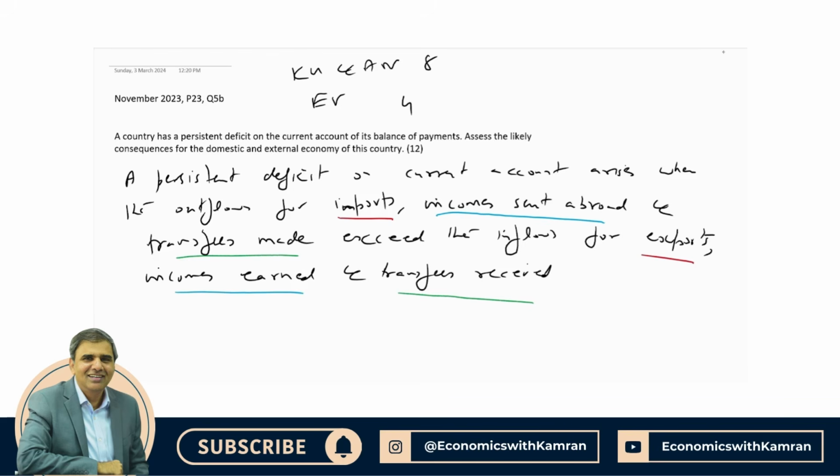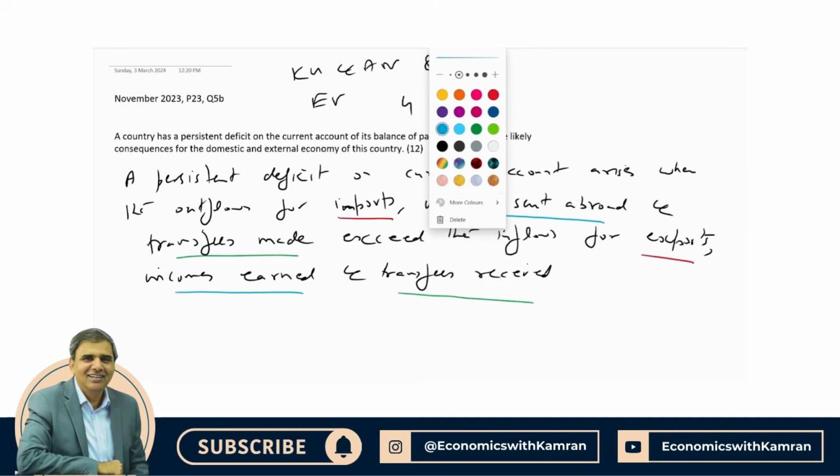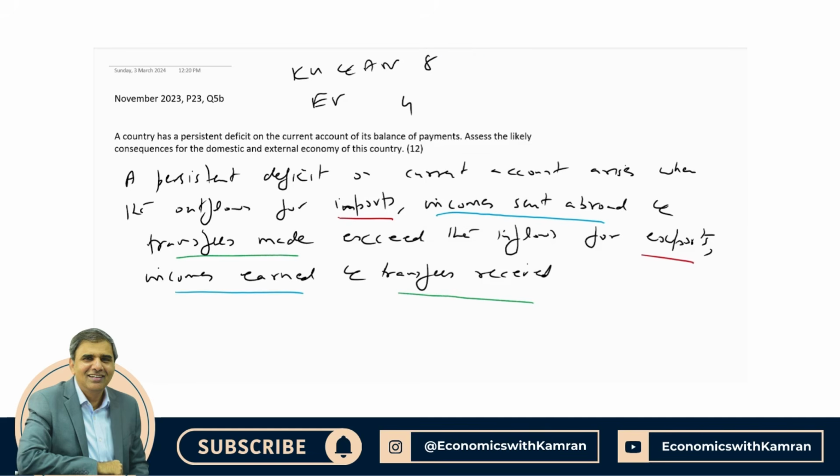Now there is a word persistent as well. Unless we mention or talk about the word persistent, we cannot get the full marks for knowledge and understanding. A persistent deficit is one which occurs on a more continuous basis for a longer period of time, for more years in a row.